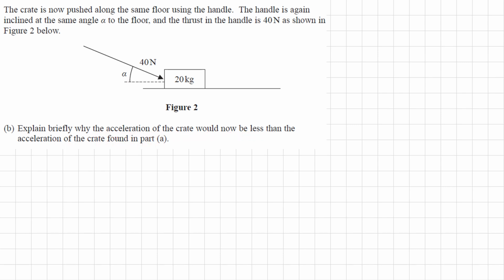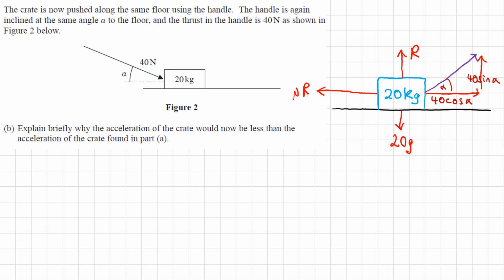found in part A. Now, to do part B, I really need to compare the forces that I had in part A with part B. So this is a diagram for part A, and let's put on the forces for part B. So I will have R here, 20g going down.